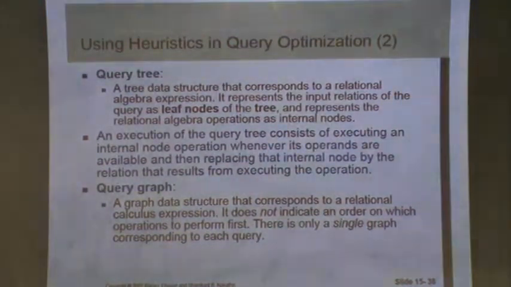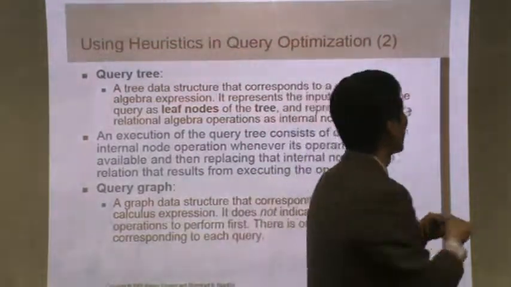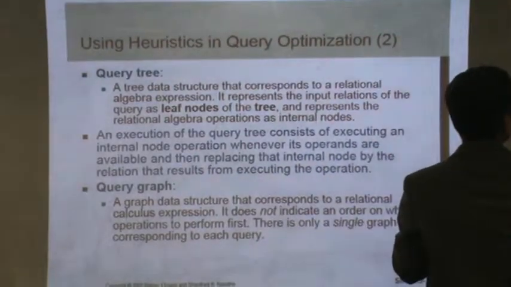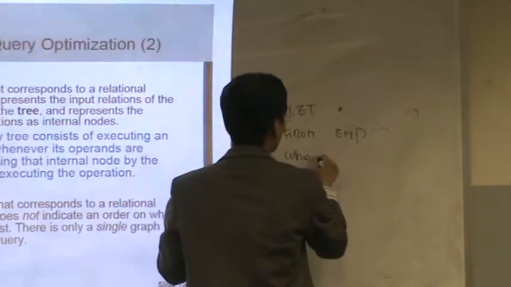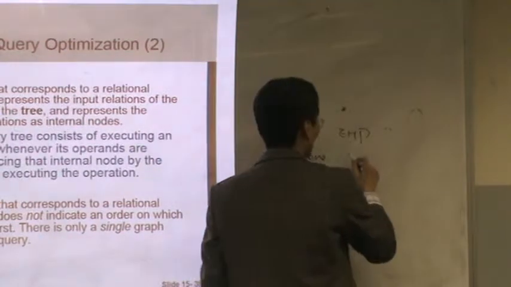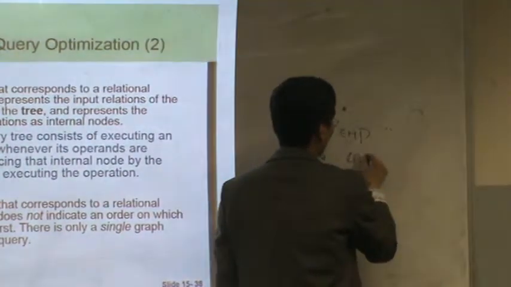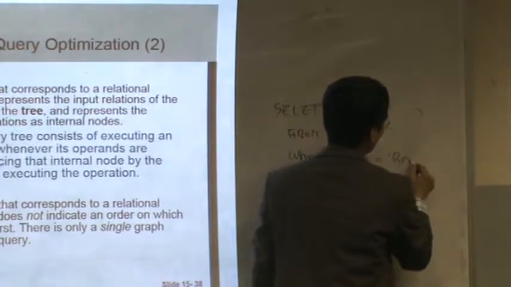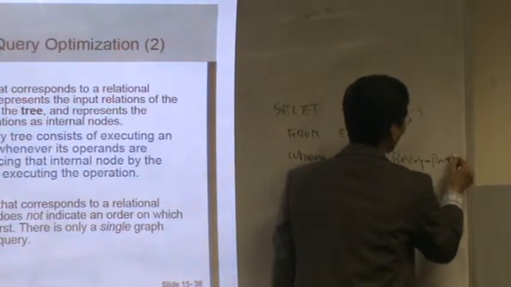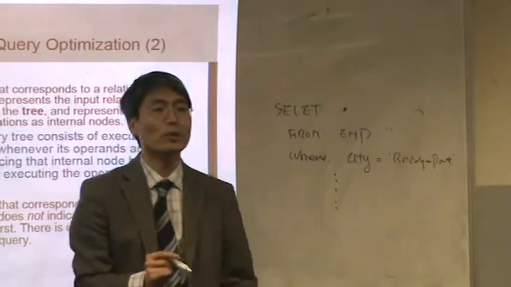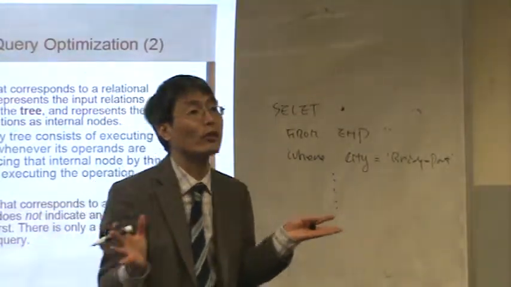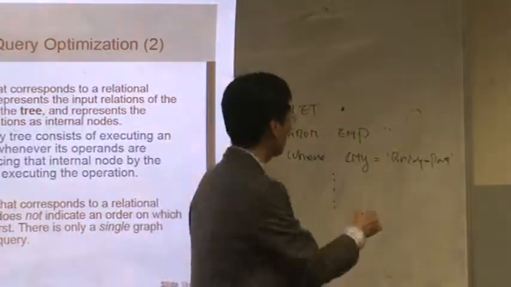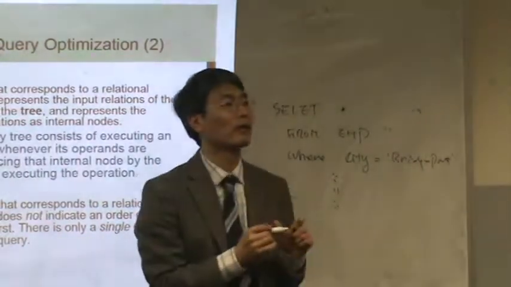However, if your query is select from employee where the city name is Bridgeport, and the employees from Bridgeport are only 10 out of 1 million, then we can quickly narrow down the search area.